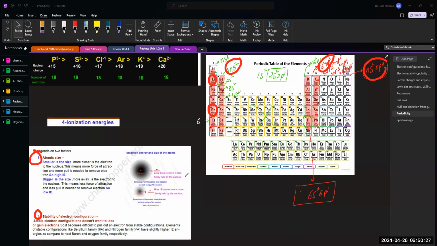Okay, now let's move across the period. So is the stability of configuration changing across the period, children? Let's pick up a period, period number 3. Is the stability changing? Yes. Okay, so what happens to ionization energy? Let's discuss ionization energy across the period and let's make a graph.